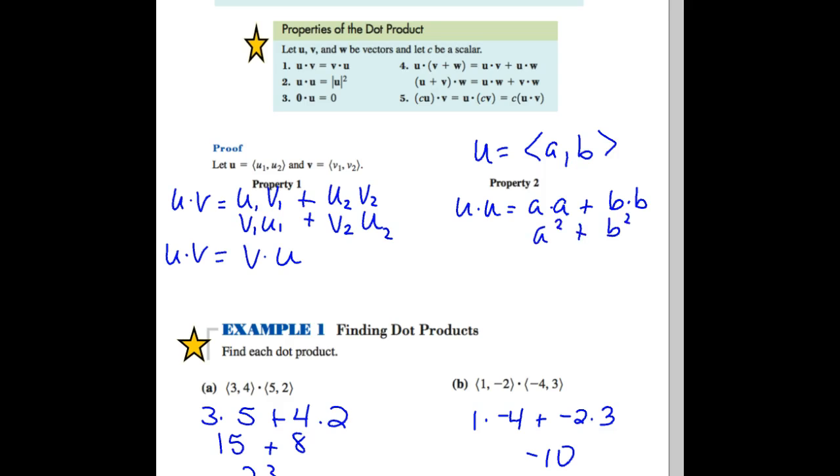Now remember, we're trying to prove that this has something to do with the magnitude of our vector. We're supposed to show that it's the square of the magnitude. How did we calculate magnitude? The square root of a squared plus b squared. So we've got part of it, we just don't have the square root symbol on top.